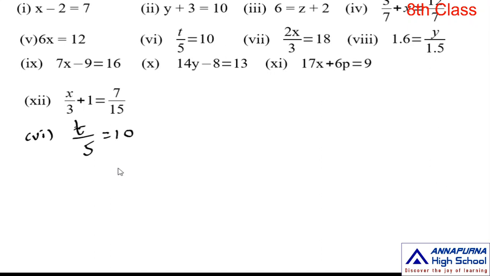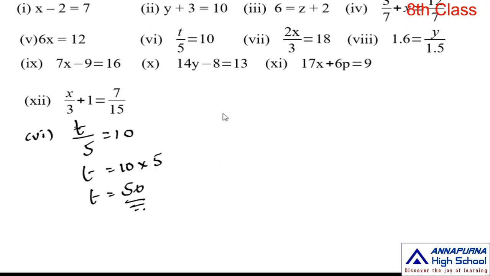So when you transpose this denominator to the right side, it multiplies the right side part. When you transpose a denominator of p by q form to another side, it multiplies the other side. So t is equal to, already on the right side we have 10, and this 5 is transposed to the right side, it multiplies the 10. So t is equal to 10 into 5, 50. So this is the solution.